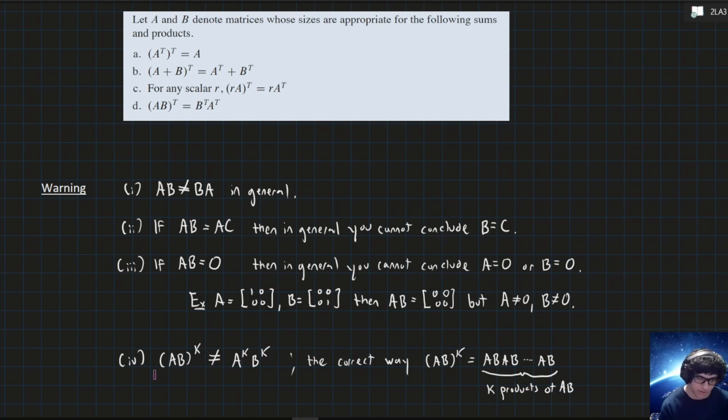The correct way to evaluate this is to literally write out AB K many times over and over again, like this. So this is K many ABs. The reason this is not equal is essentially because matrix multiplication does not commute, which is what this is saying.